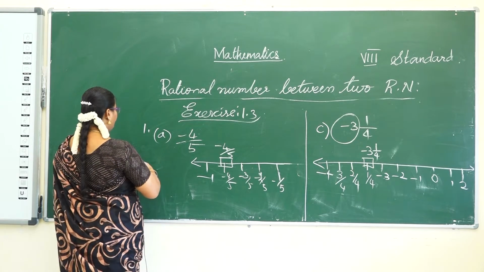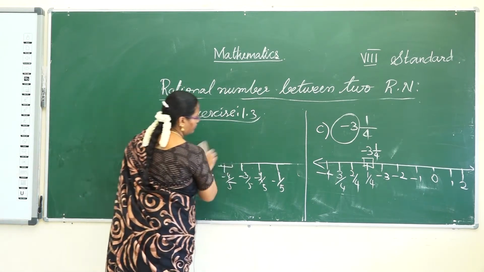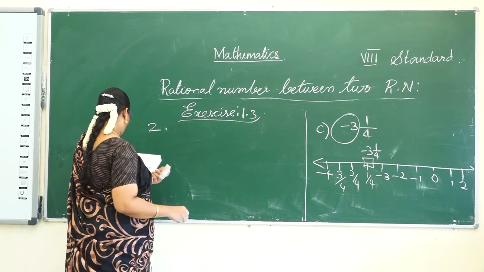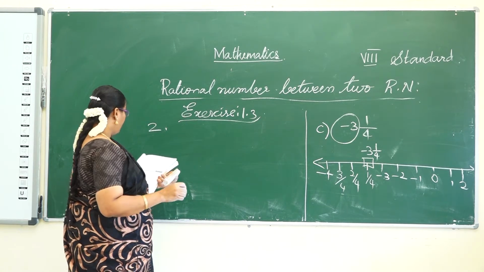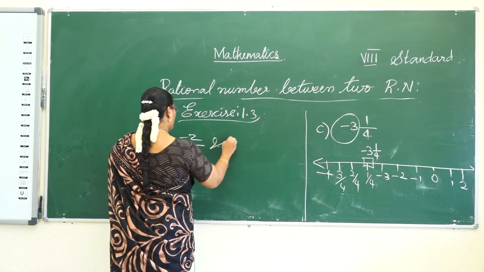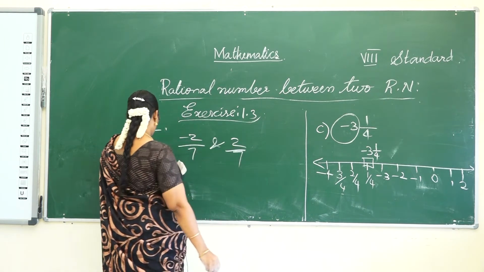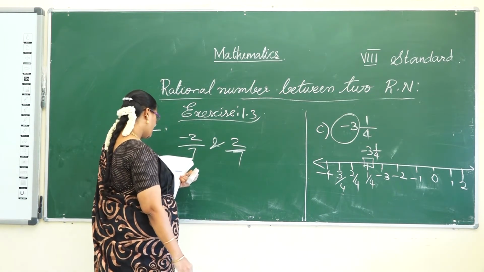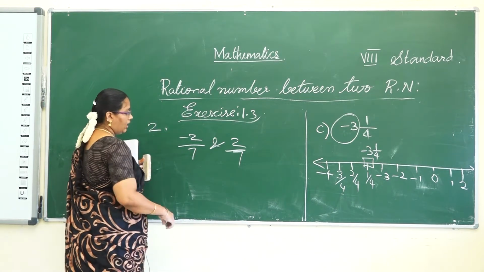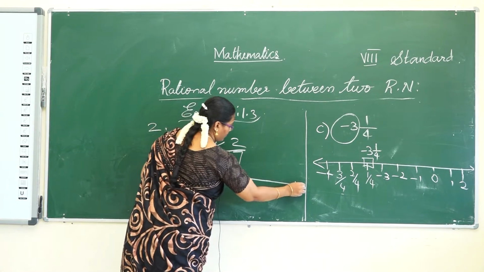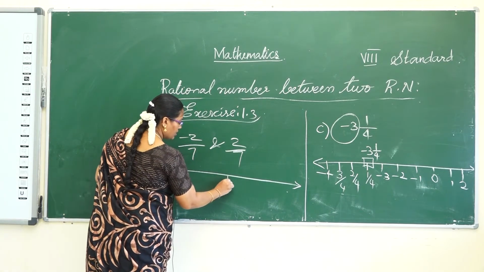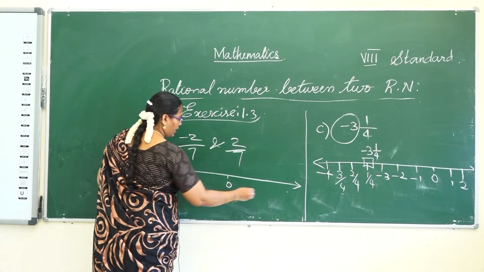And the second problem: represent minus 2 by 7 and 2 by 7 on a number line. Are the points representing them equidistant from the origin? Yes, equidistant. Zero.